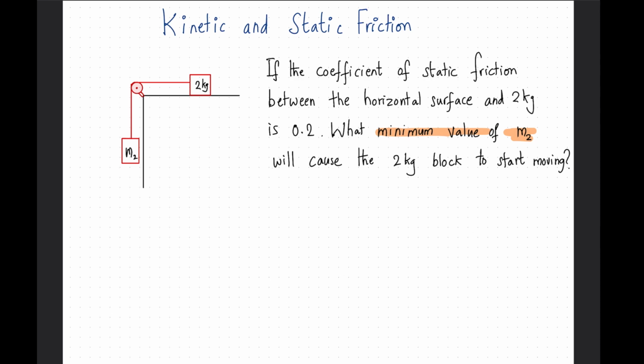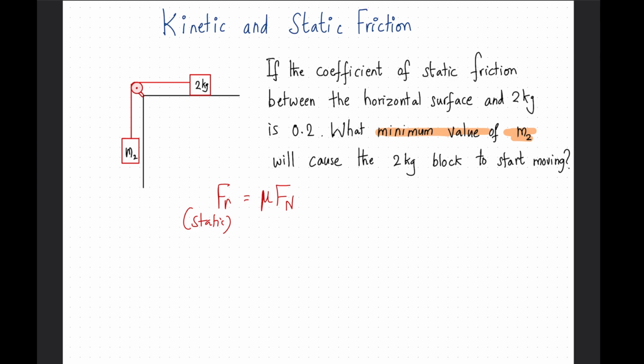Obviously, we know that if the 2 kg has to move, we have to apply at least the maximum static friction. So the maximum static friction has the formula mu Fn, we know that. So at least this much force has to be applied on the 2 kg so that it can start moving.